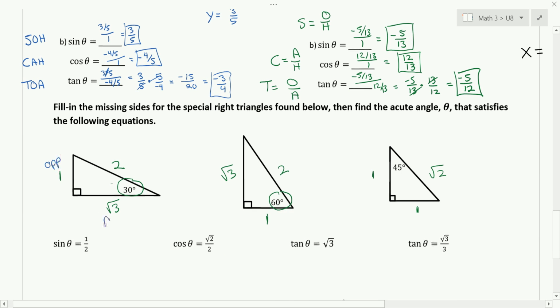Here's my adjacent side. Here's my hypotenuse. In this picture, root 3 is the opposite, 1's the adjacent, 2's the hypotenuse. And in the last picture, this would be the opposite, the adjacent, and hypotenuse.